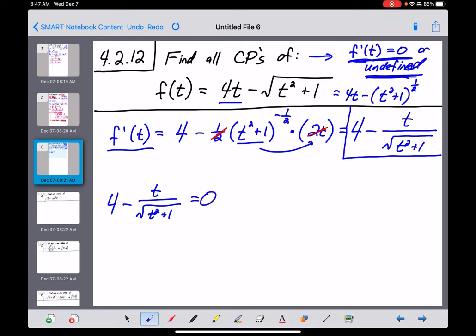If I wanted to solve this equation, first I'd bring the entire second term, which is currently negative, over to the right side. 4 then would equal t over the square root of t squared plus 1. Then I'd multiply both sides by that denominator and get 4 times the square root of t squared plus 1 is equal to t.